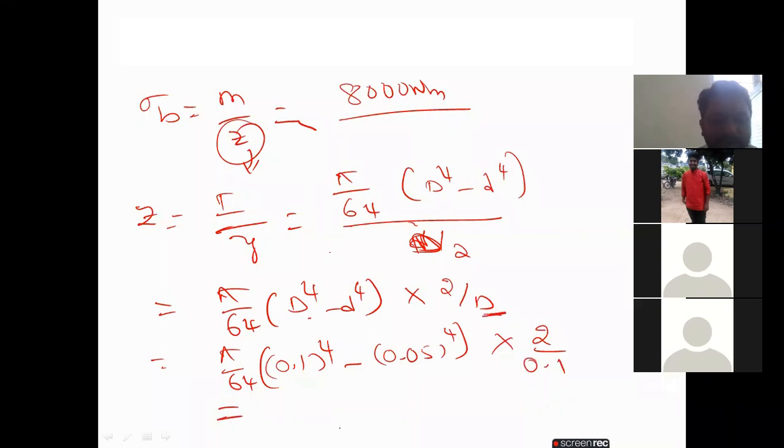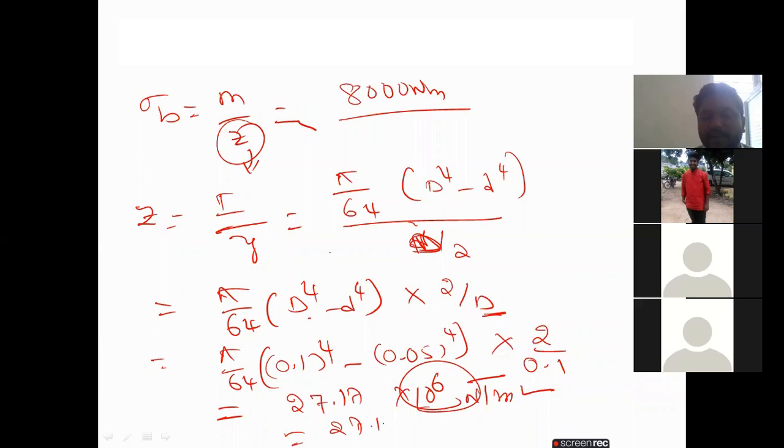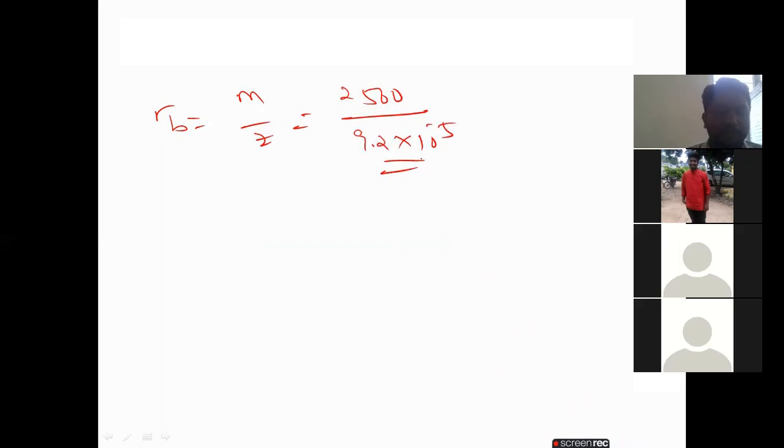So tell me anyone the answer. Now the sigma B value equals M by Z, with M equal to 2500 and the Z value equal to 9.2 into 10 power minus 5 meter cube.